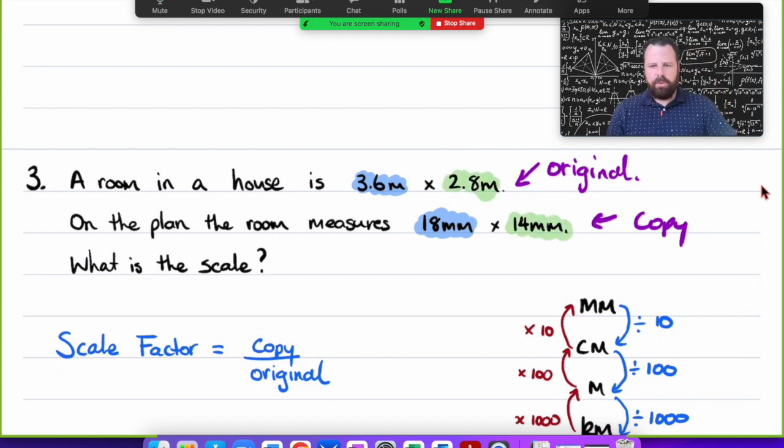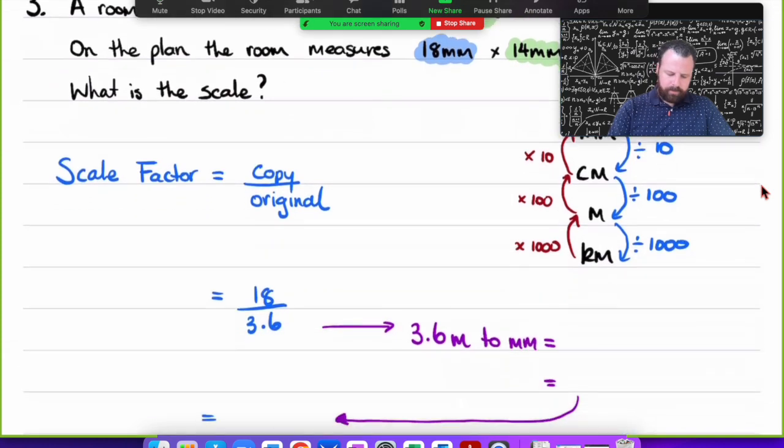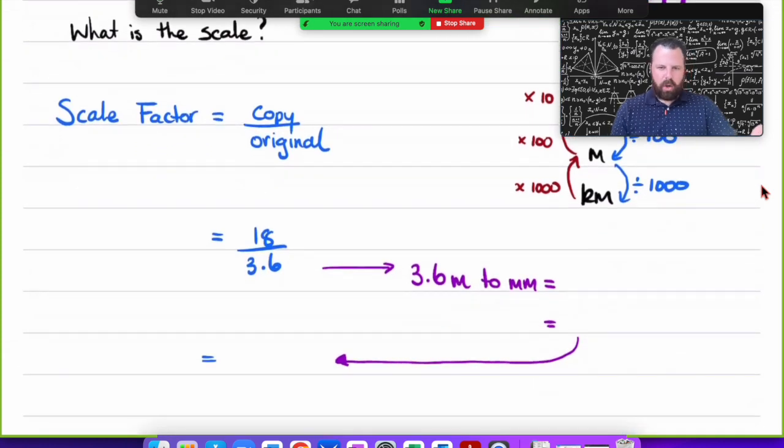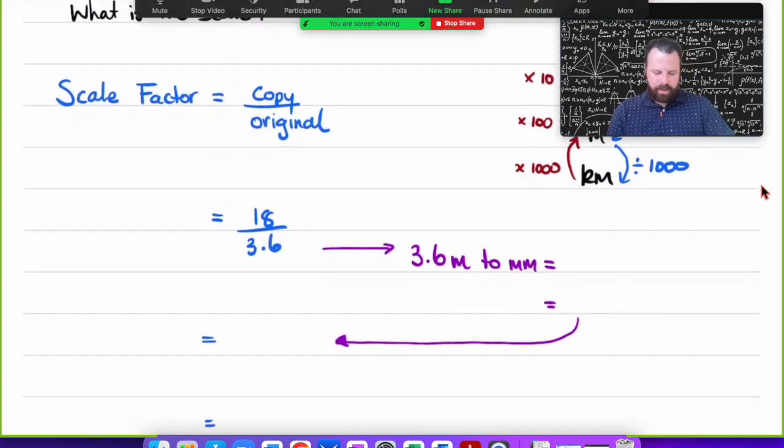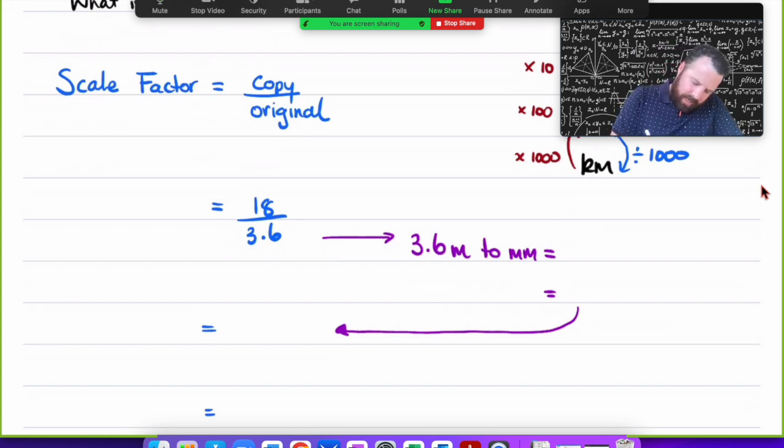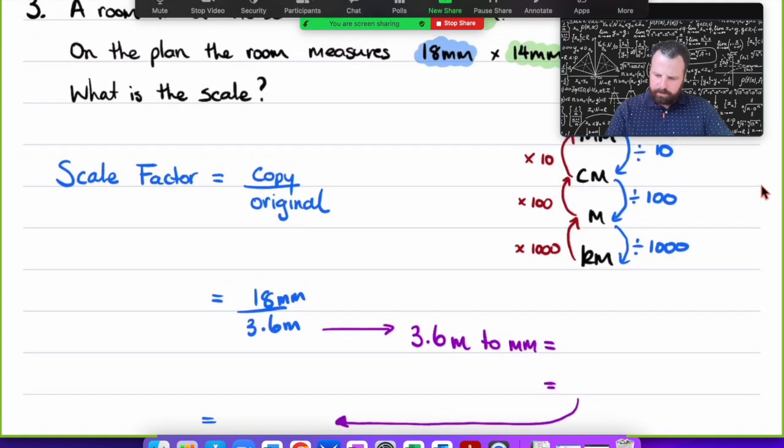So remember, when we do this, we've got to do matching sides and we've got to do copy over original. When we do copy over original, we end up with 18 millimeters over 3.6 meters. We want them in the same units so we can do the fraction properly. So 3.6 meters to millimeters.